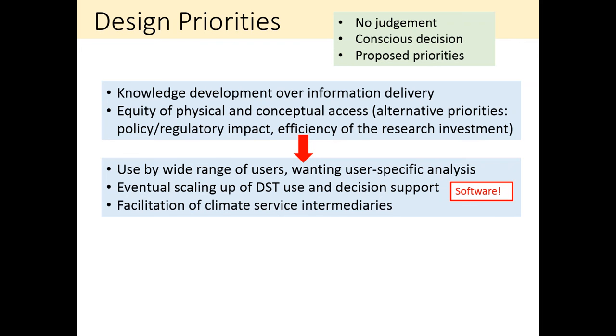And then in order to support that kind of tool, we have to think about how to scale that tool up, so that we can have efficiencies in supporting the maintenance of the software over time. And then because we have such a wide range of users, we may want to facilitate the use of intermediaries to support some users who need more attention, whether that's on the high end or the beginning user end.